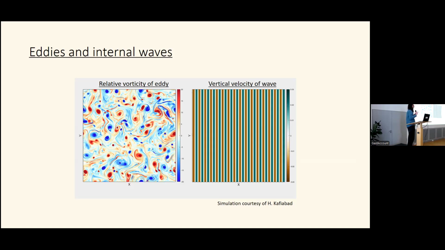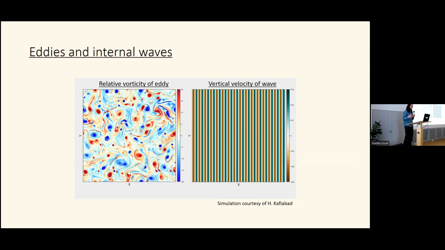wave. So we have a fully evolved quasi-geostrophic flow, and we inject a plane wave into the flow. And what you'll see when I play this in a minute is that the flow has no sort of preferred direction. The propagation, the speed of the rotation of the eddies is pretty much the same at the start and end of the simulation.